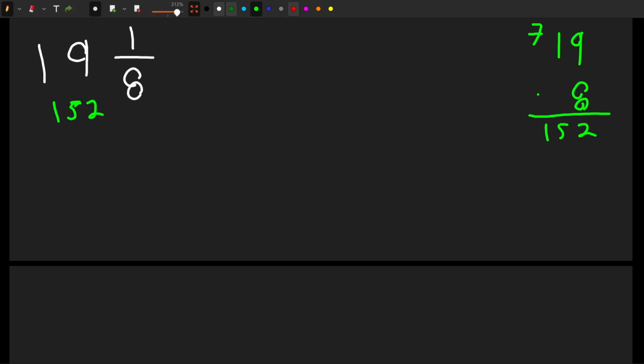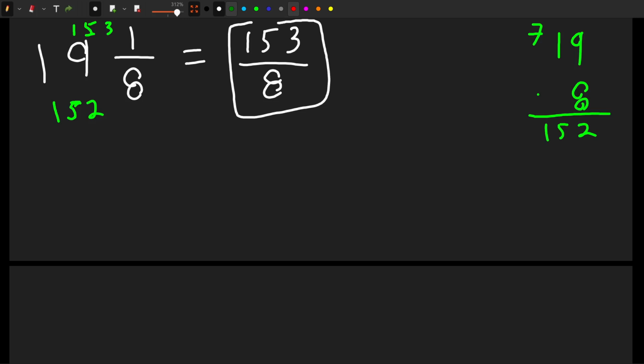It's hard to write small on this. And then if I carry 1 more, I get 153. So in my numerator, I now have 153 over 8. Awesome.